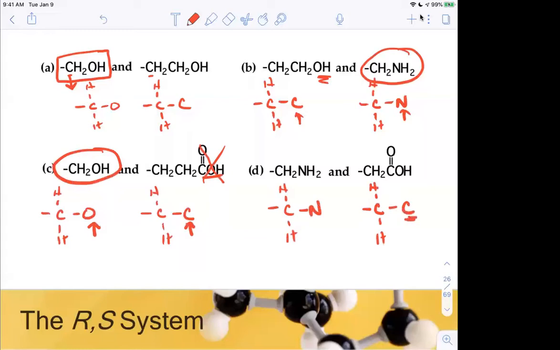This is carbon. Even though I have the oxygens, this is my first point of difference, so this is higher priority. You have to be able to judge which atoms make this distinction, which are counted in the priority system, and which are there, but they're really not relevant to what group attached to my stereogenic center has higher priority.